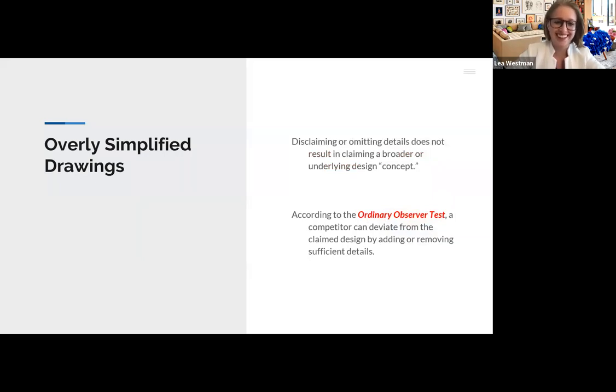Sure. So we kind of covered a little bit of this already, but adding or changing or removing details doesn't change the scope of the claim. It changes the design concept itself. So imagine, for instance, a lipstick tube will often have a very distinct shape and different number of lines.